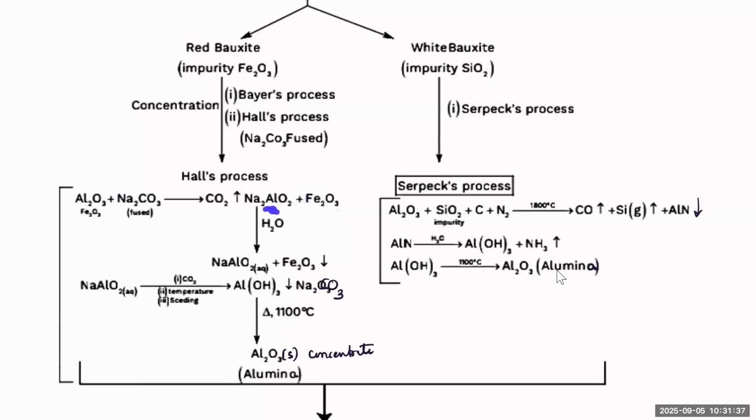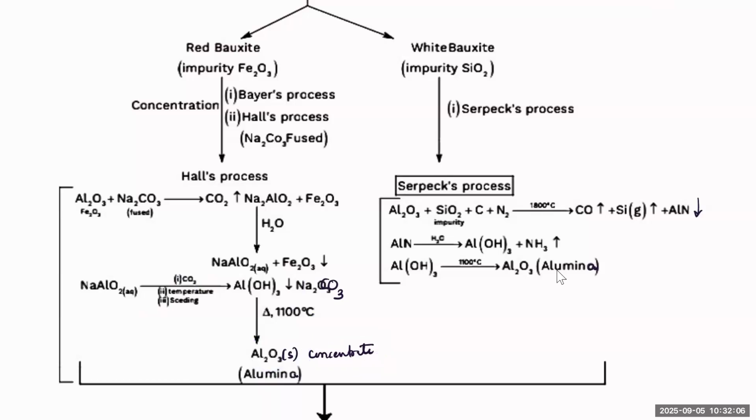Thereafter, adding it to water, this will be precipitated, and this aqueous form, when you add a sufficient amount of carbon dioxide, it will help this base react, converting back into Na2CO3, and aluminium hydroxide gets precipitated. And that on heating will give you Al2O3 again, but this time it is in a pure, concentrated form.